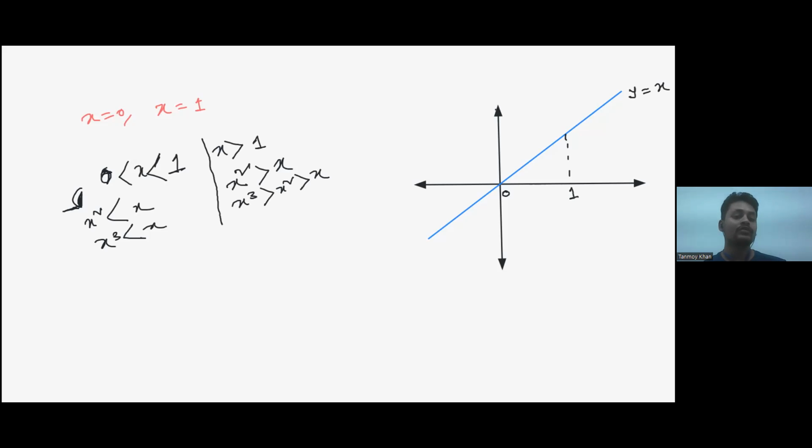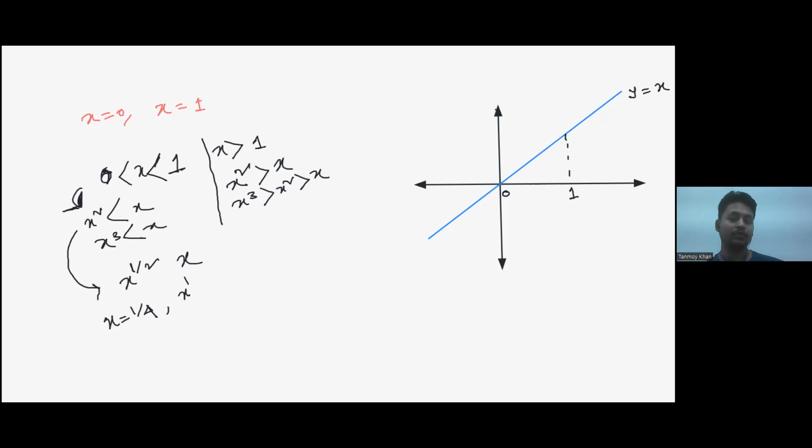Now if you think about what will happen for x to the power half and x, what will be the relation? It will be exactly different than this. How? Let's say your x is 1 by 4.